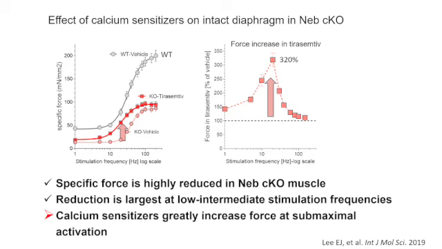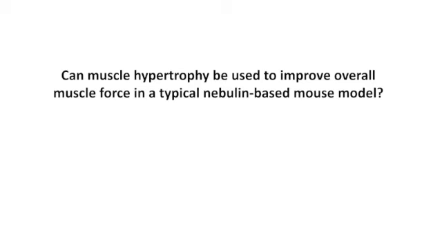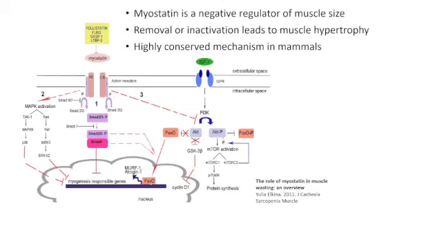My slide again has difficulty in advancing, but let's continue to try. Okay, here we go. The second study that utilized Nemaline-based mouse models for therapeutic testing asked whether we can induce hypertrophy to improve muscle function. In this case, we used the recently obtained compound heterozygous model and used a myostatin inhibitor.